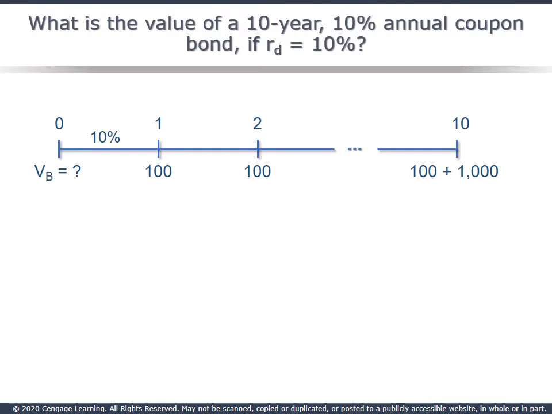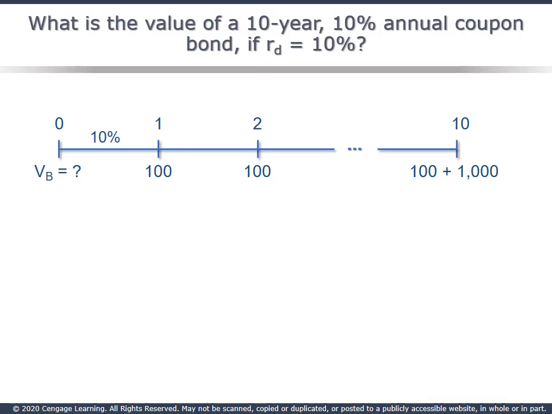So here we have a bond, a 10-year bond. It has a 10% annual coupon and its yield to maturity is 10%. So that tells me that due to its 10% annual coupon, its coupon payment is $100 every year for the next 10 years.